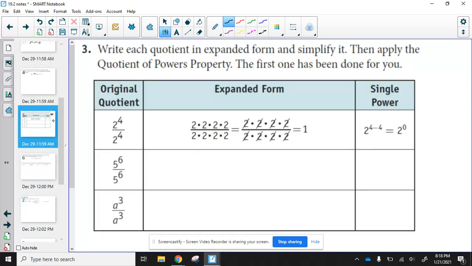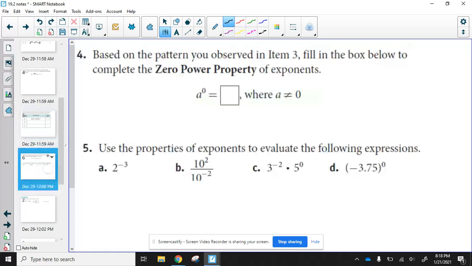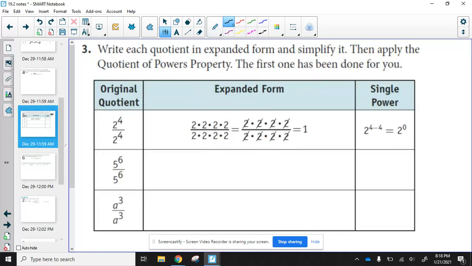So now we are moving on to the quotient of powers property. But this is where we see the zero, I believe it's called the zero power property. So again, the same process when we do expanded form is if we have 2 to the 4th power, that means it's 2 times itself 4 times, divided by 2 to the 4th power again, which is 2 times itself 4 times.